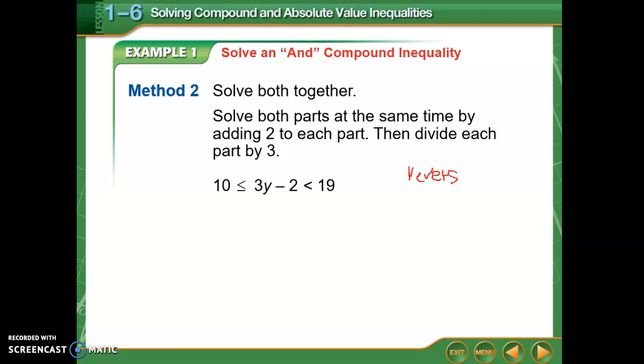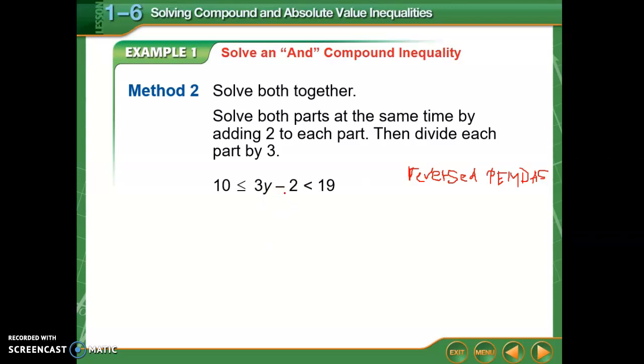So you start with subtraction, addition, division, multiplication, exponents, and then parentheses, in order to isolate your variable y.